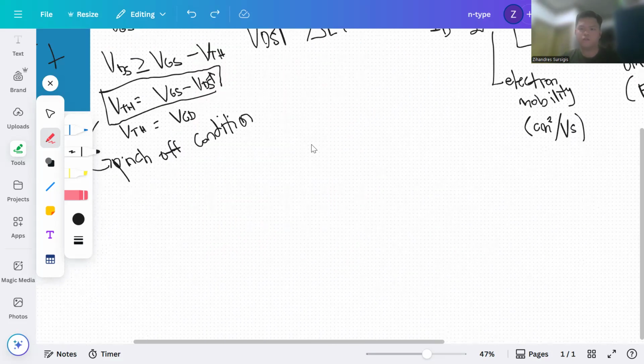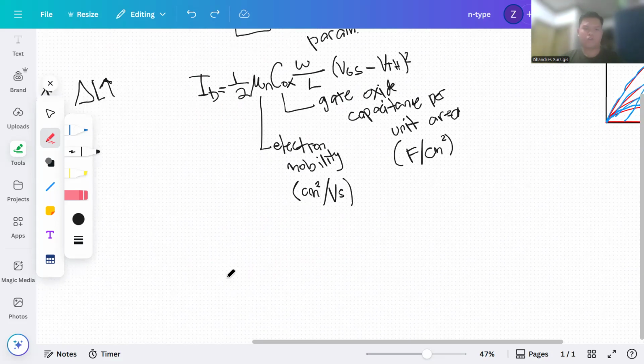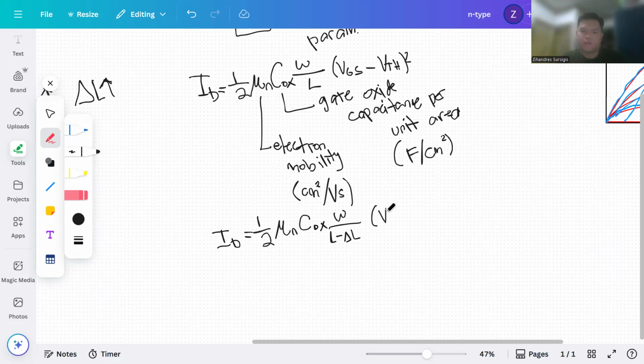Since we are now considering delta L, our new formula for the drain current must be ID is equal to 1/2 mu n COX W over, we will no longer use L since we have lost length, which is defined as delta L. So we will use L minus delta L right here. Then VGS minus VTH squared.